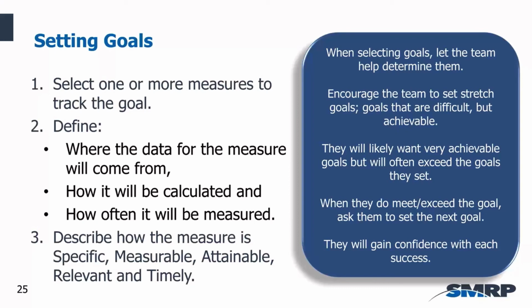In all likelihood, they're going to set a goal that's achievable, but in real terms, they often exceed the goal that they set themselves. So when they do meet or exceed the goal, ask them to set the next goal. And when they gain confidence with each success, they'll get more and more proficient, and they'll be wanting to set more aggressive goals.